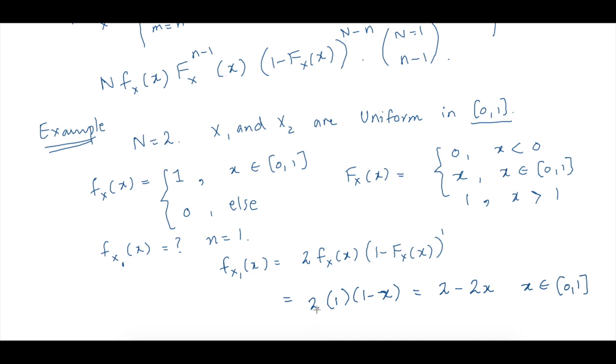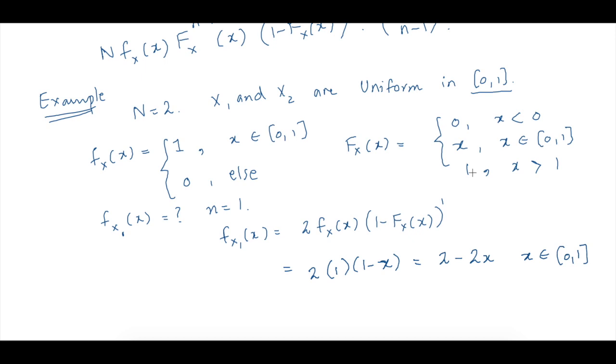But for example, if x is less than 0, this is equal to 0, if x is in minus infinity to 0. And if x is greater than 1, then also it is 0.